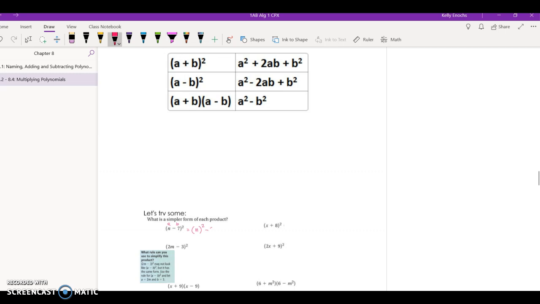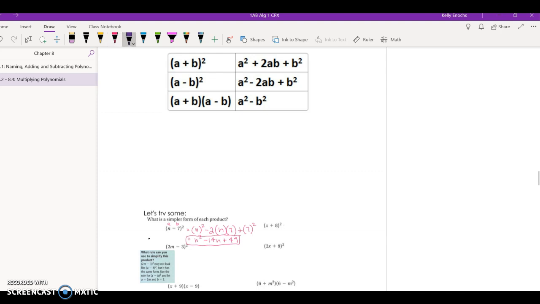Then I'm going to do minus 2 times my a term times my b term, and then I'm going to take my b term squared. So that makes this very easy. N squared minus 14n plus 49 as my answer. So you can see you can multiply each of those things in the pattern very quickly.